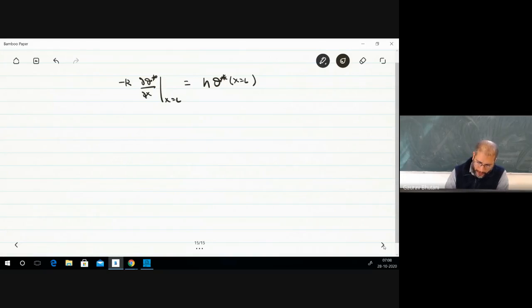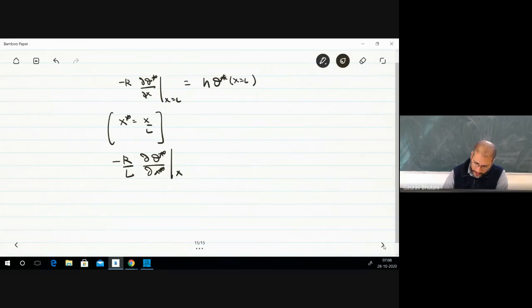Now also remember that x star was defined as x upon L. So at x equal to L, my x star becomes 1. So I can write minus k and then del theta star. x is nothing but x star times L, so this becomes del x star, and I can take the L out.